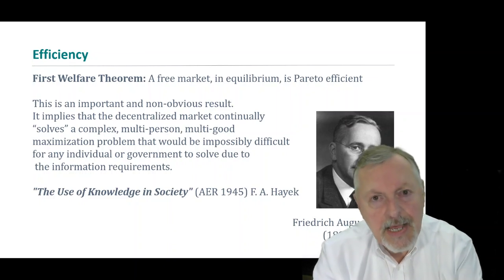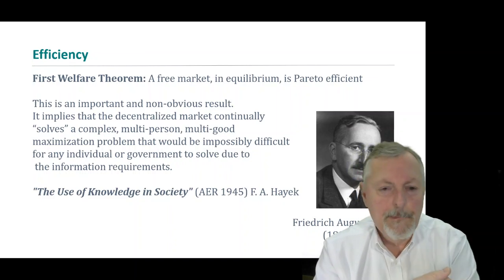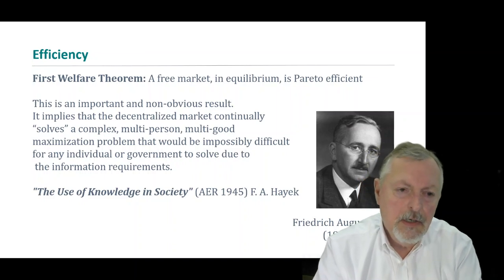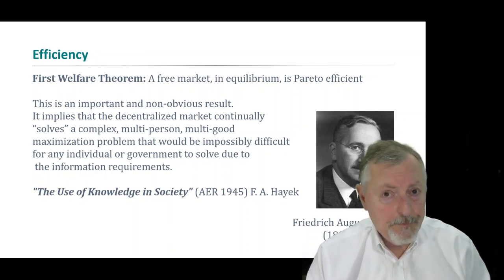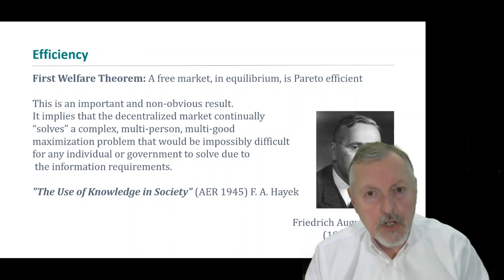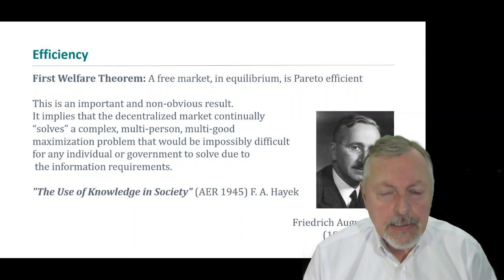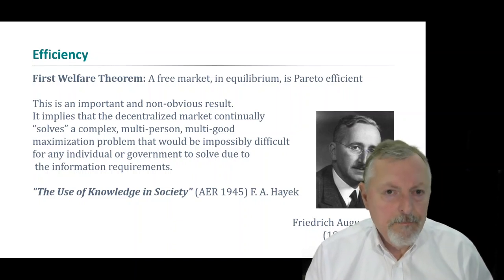For a centrally planned economy to reach as efficient a result, to do just as good, it would have to solve those same equations in fractions of a second over and over and over.